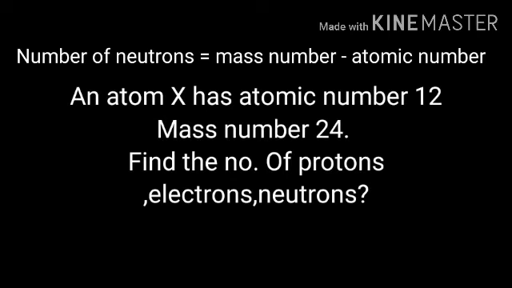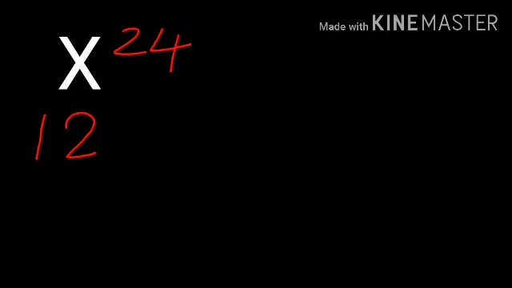Another example: an atom X has atomic number 12 and mass number 24. Find the number of protons, electrons and neutrons in the atom. We can represent X with the mass number written as a superscript and the atomic number written as a subscript.